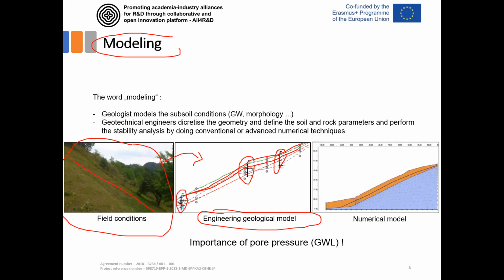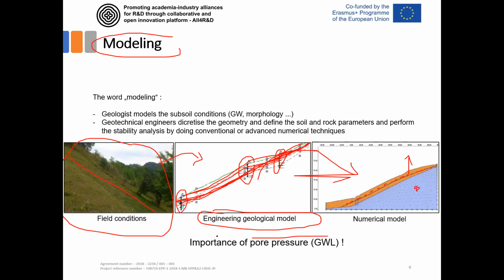We have 3 boreholes in this cross section, we may have some monitoring results, and we may recognize a potential surface line, a failure line that is located here. After that, we define the numerical model, a simplified geotechnical model, which introduces this bedrock material and this topsoil material, and it also needs the input of the groundwater level.